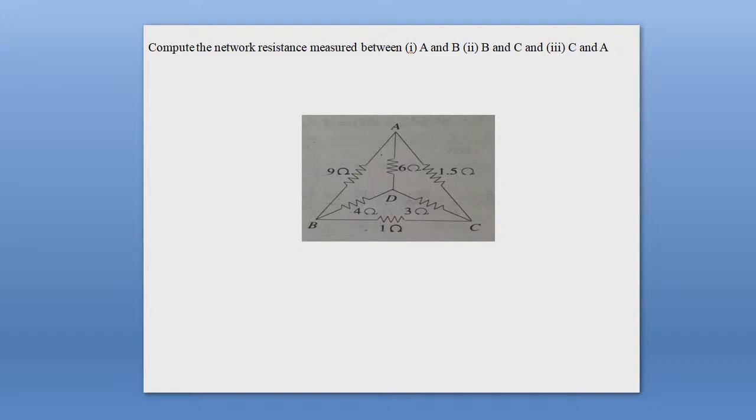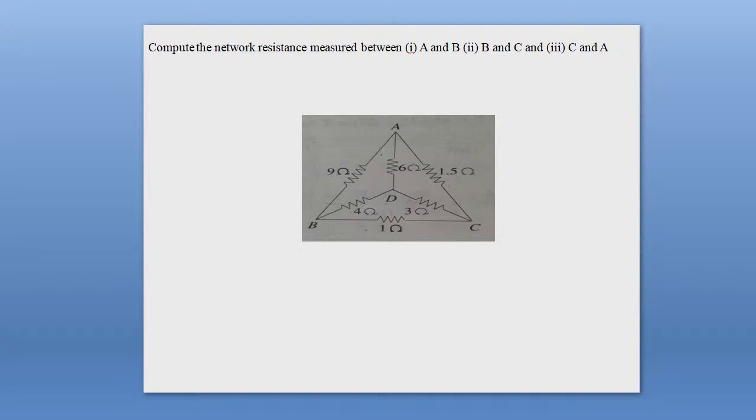Absolutely correct. Everyone must convert the star network into a delta network. After converting the star network into a delta network, you will get a parallel combination of two resistances between AB terminal, BC terminal and CA terminal.